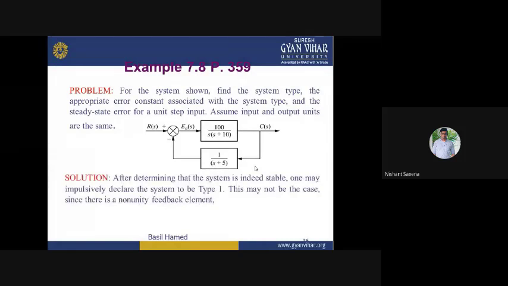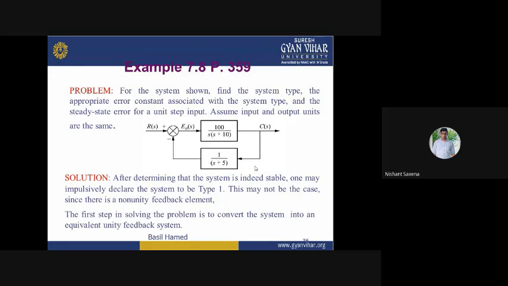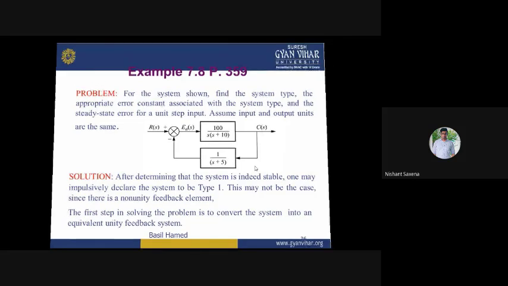So once we determine the type of the system, we will find out that the system is stable and the type of the system is 1. So this may not be the case since there is a non-unity feedback element. The very first step in solving the problem is to convert the system into an equivalent unity feedback system.